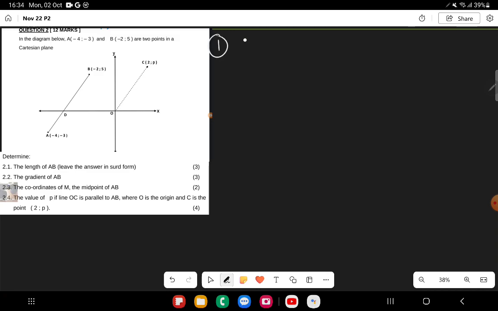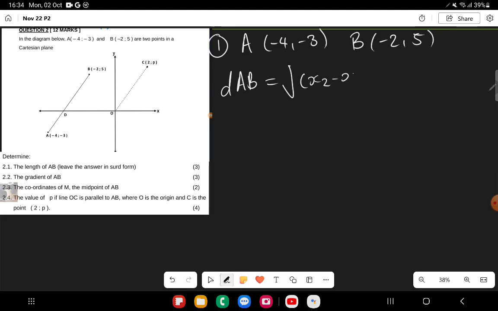So for question number 1, I know I've got A, which is -4, -3, and I've got B, which is -2, 5. I am looking for the length of a line, so I'm going to use the distance formula. The distance of AB is equal to the square root of x2 minus x1 squared plus y2 minus y1 squared, square root the whole thing.